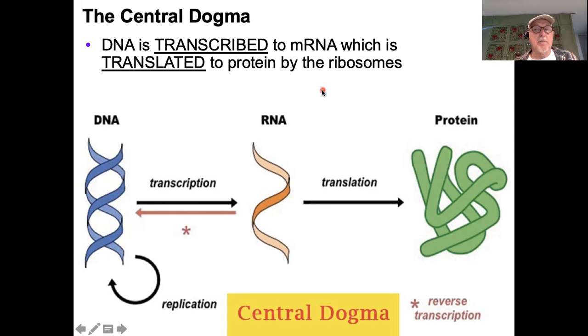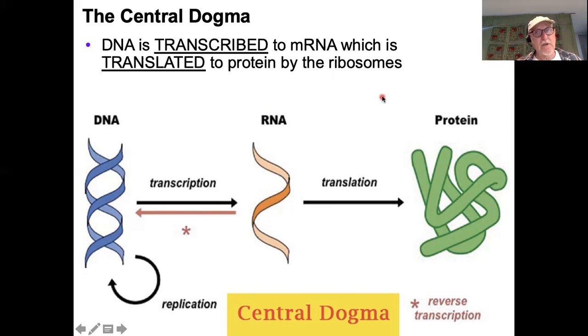Why the central dogma? Well, it's central to all life. All living things use this method, from the prokaryotes all the way through to the most complex eukaryotes. There's very little difference in actual fact between the process in prokaryotes and that in eukaryotes.